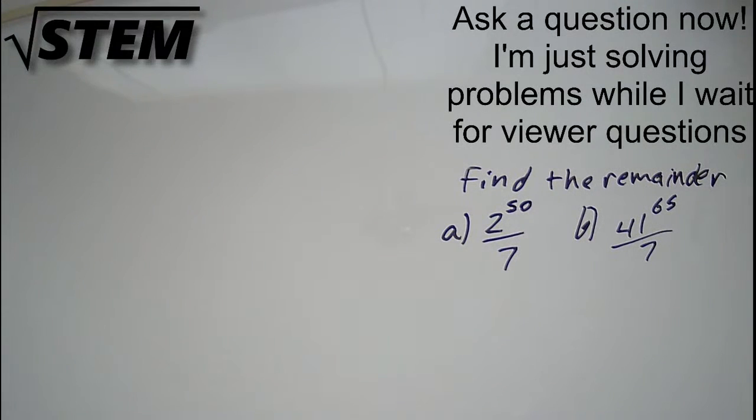Let's see if I can remember how to do this using congruences. So we want to find things that are congruent to 1, because then we can sort of drop those from the problem.